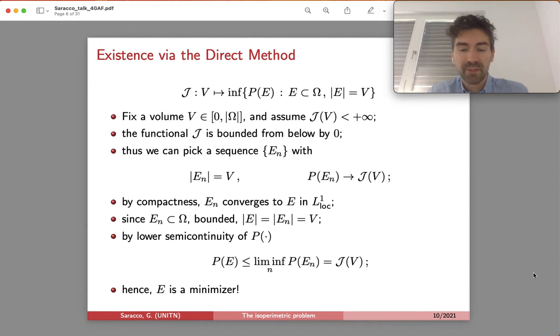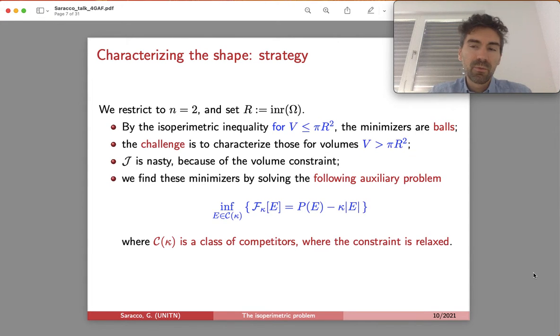What's their shape? Okay, and well, from now on I will restrict myself to dimension 2, and there is, say, a technical reason, but okay, I also know that most of the results I will present are false in higher dimension. We do have counterexamples, and I will make clear why we need dimension 2.